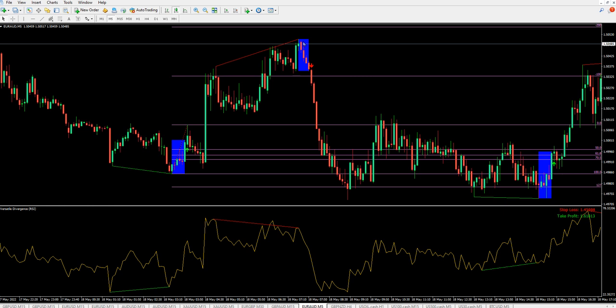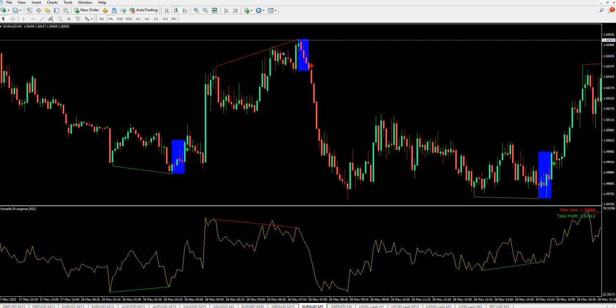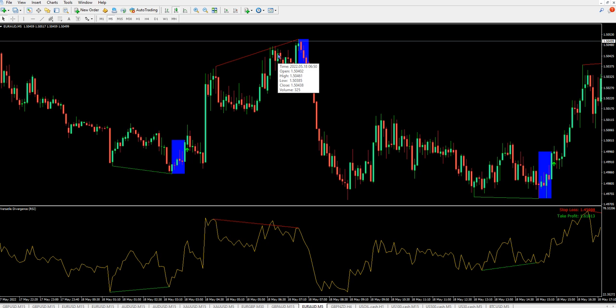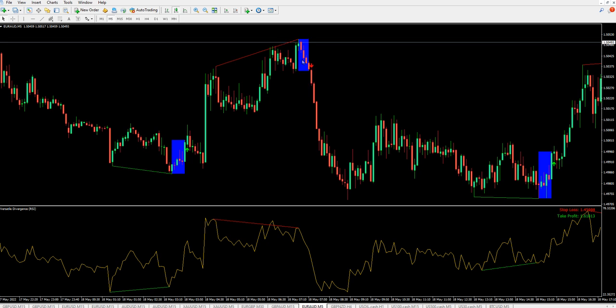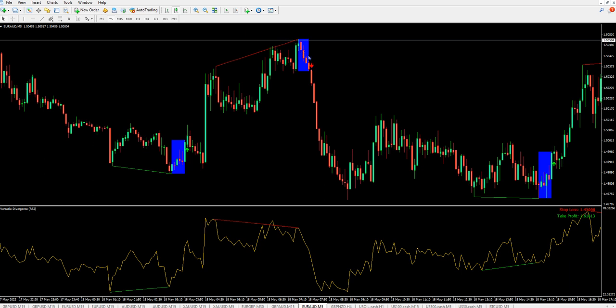We now have bearish divergence forming. And so this could easily be a take profit area when we see divergence forming as well. At least this would give us a clue that we should expect some type of reversal or for price to retrace to some degree.